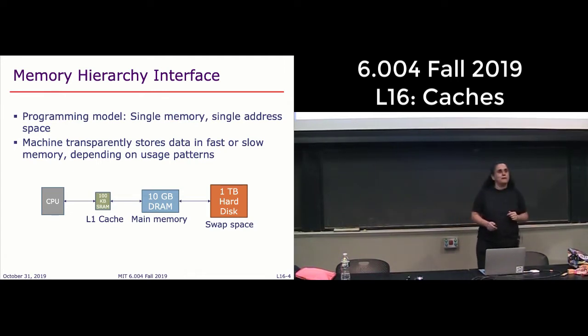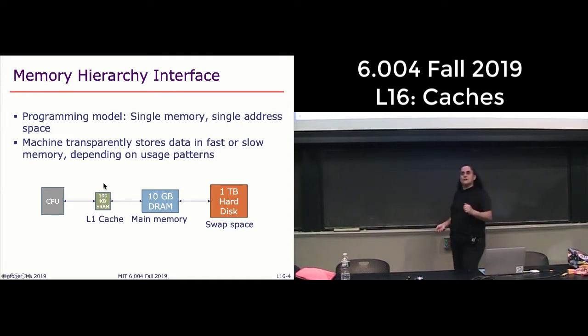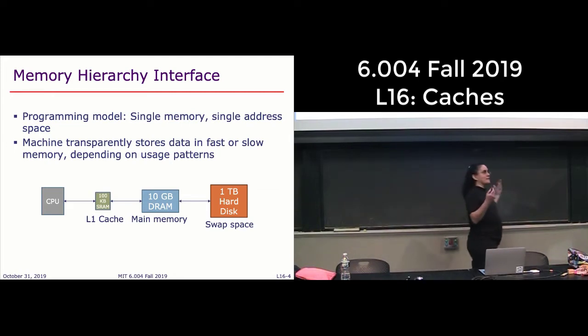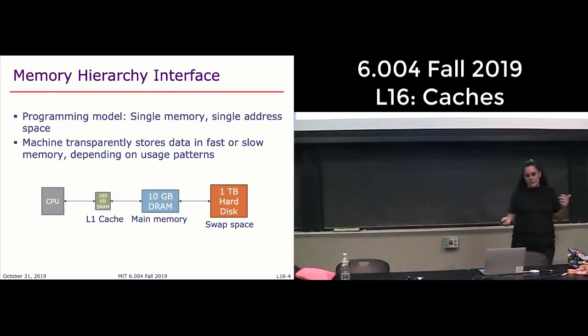Okay, so what our memory actually looks like, and you can have more levels than what I'm showing here, but essentially you have your CPU or your processor, which will talk to cache. The cache is going to be implemented in SRAM, which is our fastest memory technology after registers.